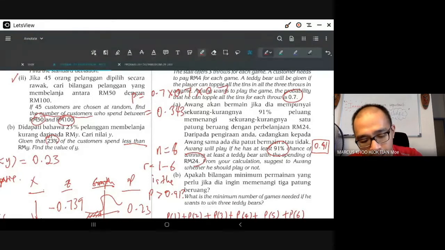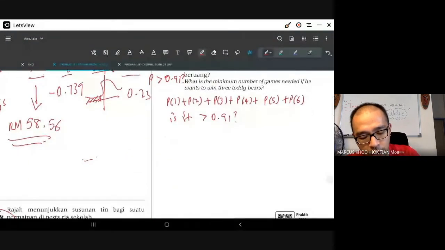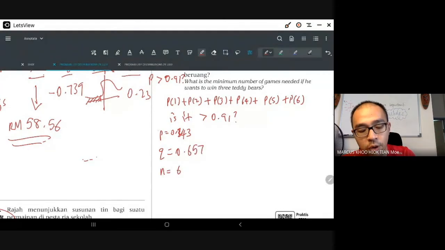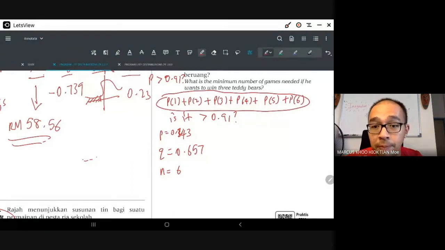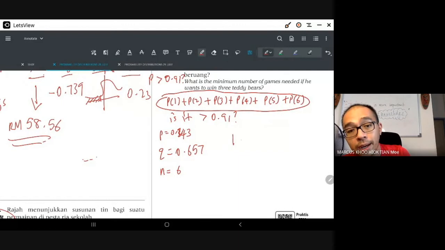So our p is 0.343. What is our q? 0.657. Our n is 6. We want to calculate P1 to P6, but there is a shorter way. It will be 1 minus P0.